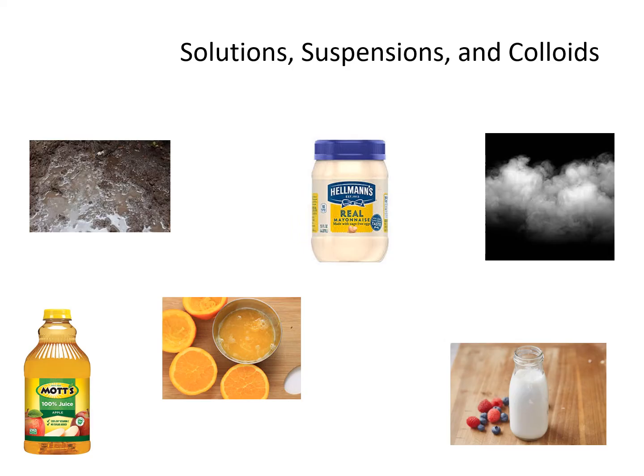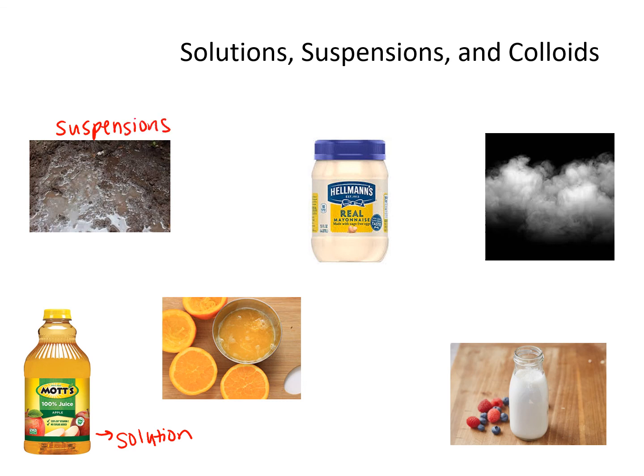So the last thing we're going to do today is practice classifying things as solutions, suspensions, and colloids. Remember when we were looking at the difference between homogeneous mixtures and heterogeneous mixtures, we classified apple juice as a homogeneous mixture, and homogeneous mixture is another way of saying solution. So apple juice would be a solution. Both muddy water and freshly squeezed orange juice with pulp would be examples of suspensions.